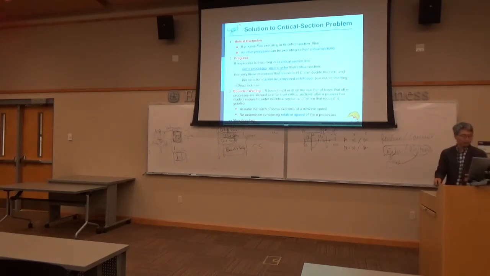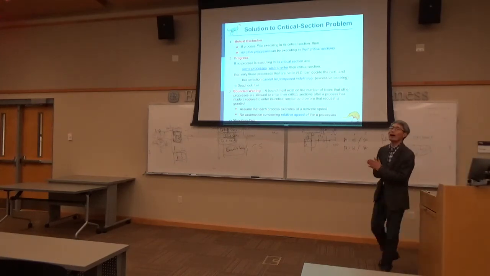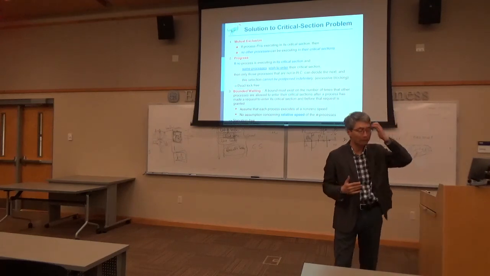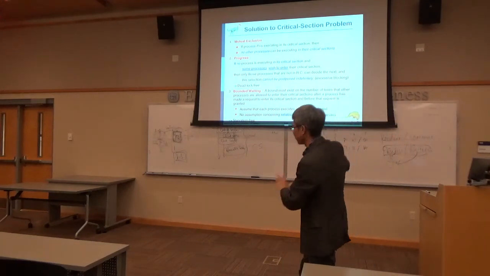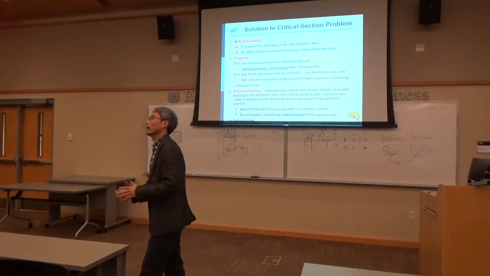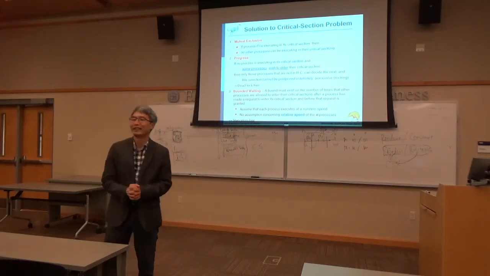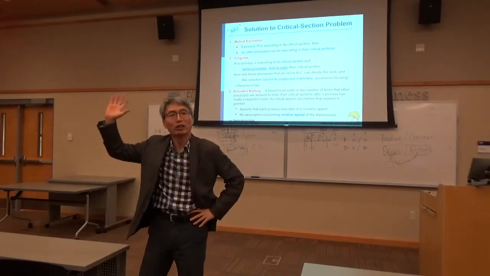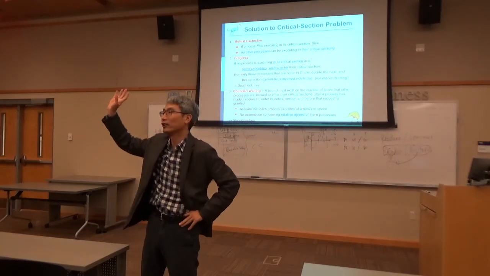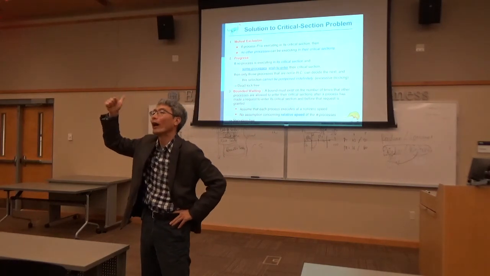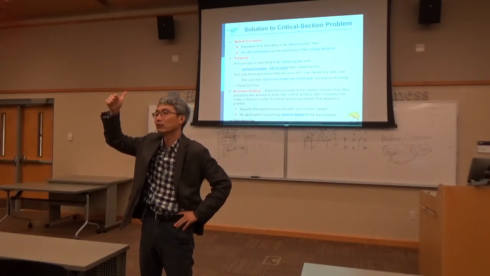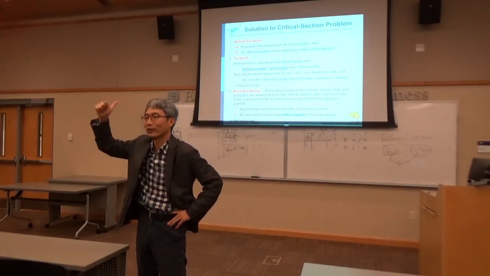To do that, the solution must satisfy certain conditions. Before this, think about the toilet bowl again. First, how many users can share the toilet bowl? Only one. Do you want to share? Nobody wants to.